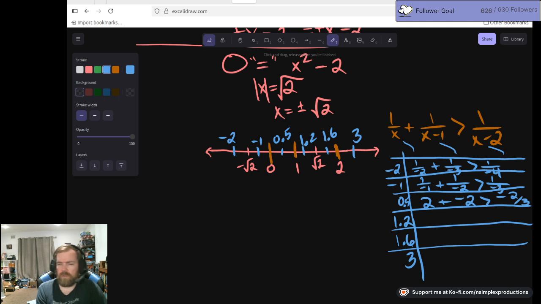1.2. Oh, lovely. 1 over 1.2 plus 1 over 0.2 is greater than 1 over 1.2 minus 2 is -0.8, which is 4/5. So 1 over that is going to be 5/4.